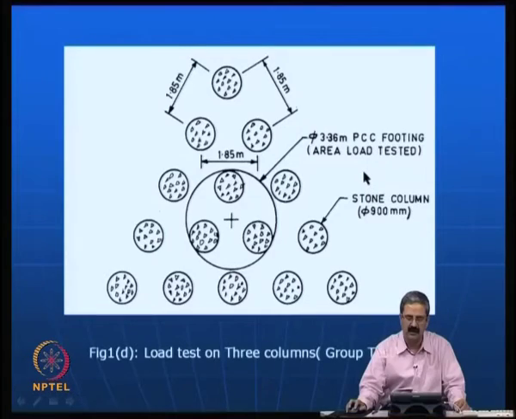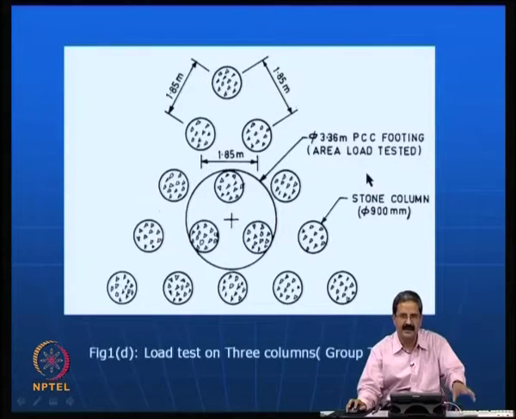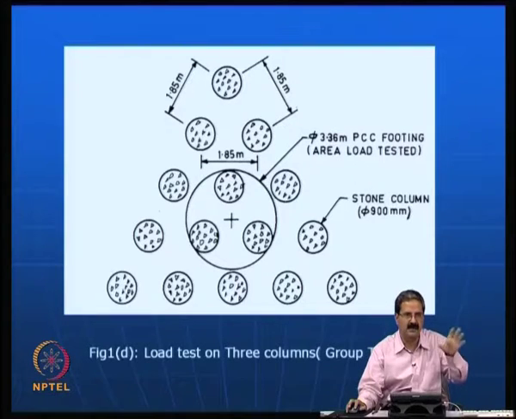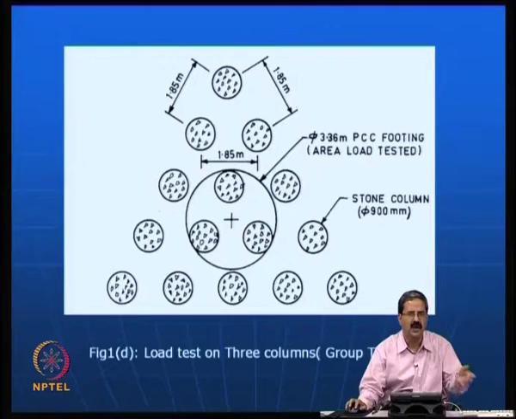Cone penetration tests are easy, they give a continuous profile, you will get exactly what you want, and you will be able to confirm that there is no bulging at the bottom, there is no problem. Sometimes we do not know how the column has completely formed. So you can get some information about the formation of the column by seeing the signature of the improved ground from the CPT profile, that is very important.